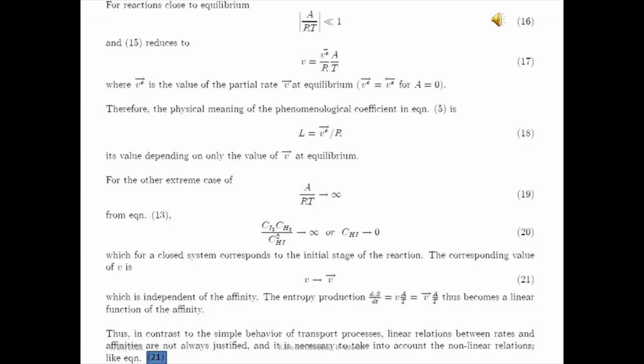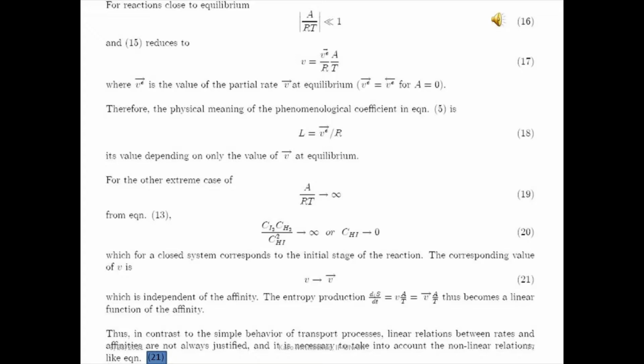And so we have this entropy production becoming a linear function of the affinity. Remember that in the case that we were close to equilibrium, the entropy production becomes a function of A over T to the power 2, squared. So there's a difference depending on the value of the affinity.